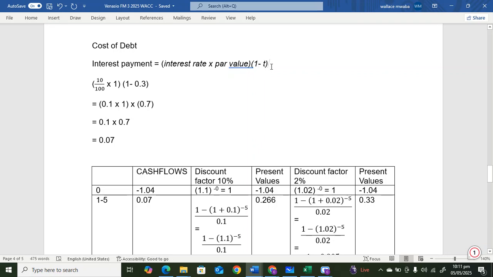The tax rate is 30%, so 1 minus 0.3 is 0.7. Then 0.7 times 0.1 is 7 ngwe, or 0.07 kwacha. This is how much interest you'll be receiving when you purchase this bond.